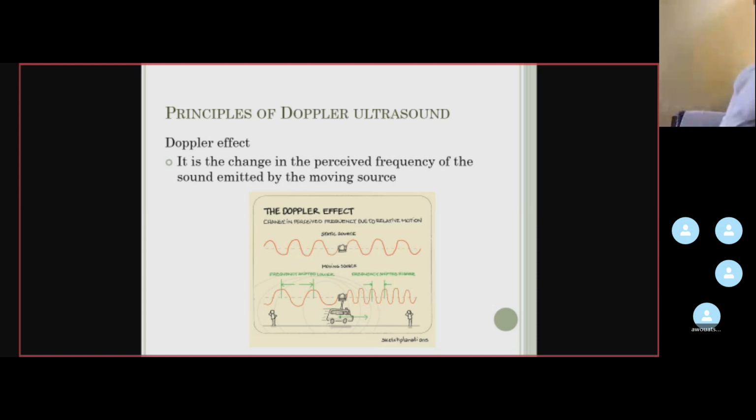But in the picture below, as the sound beam is moving away, the wavelength increases and the frequency decreases. Whereas as it is coming closer to the front person, the wavelength is short and the frequency is high. So the front person will hear a higher frequency, whereas the back person, whom the ambulance has passed, will hear a lower frequency.